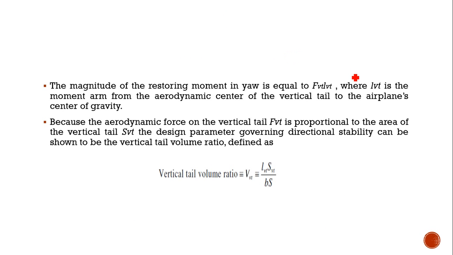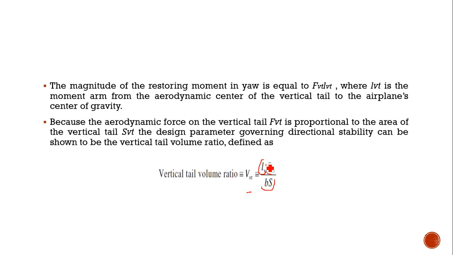So the tail volume ratio V suffix VT is equal to LVT SVT divided by B into S. So LVT is the distance of the vertical tail from the center of gravity. SVT is the area of the vertical tail.